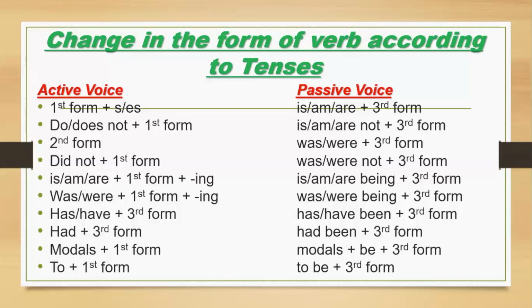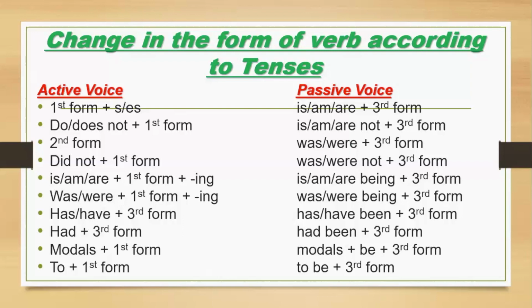Now, if there are modals and first form of verb. Modals means like will, would, shall, should, can, could, may, might. And with that first form of verb is used. So it will be modals plus be plus third form of verb. Means if there is will plus first form of verb, it will change into will be plus third form of verb.